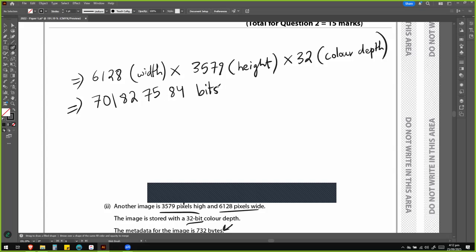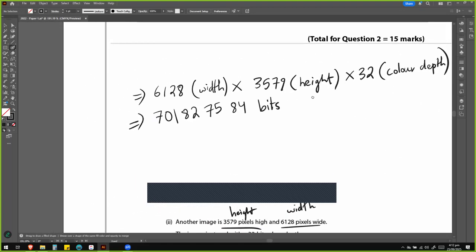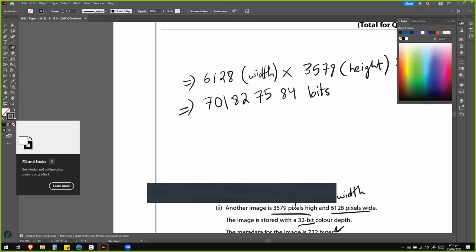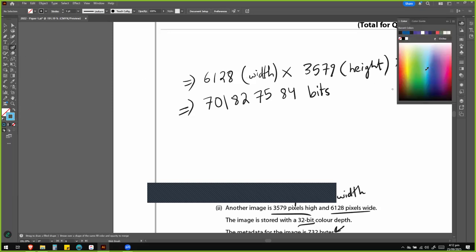Remember that whenever we did this when we were learning it in the course, the answer comes out in bits. So now that we have this answer in bits, I also want to draw the conversion ladder right here. Let me draw it with a different color, like this blue color. Okay, that looks good.